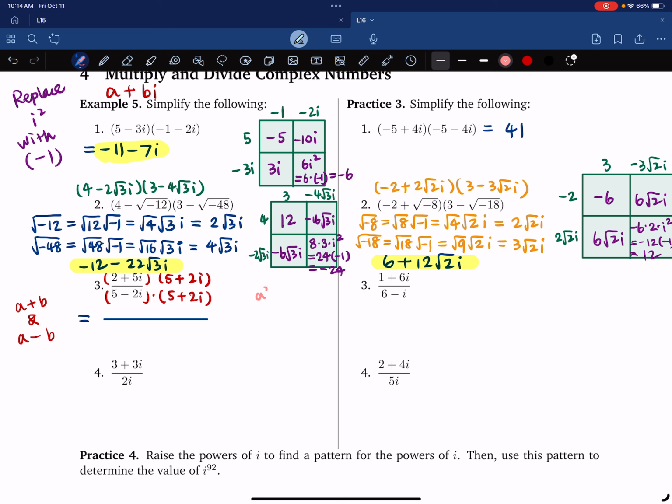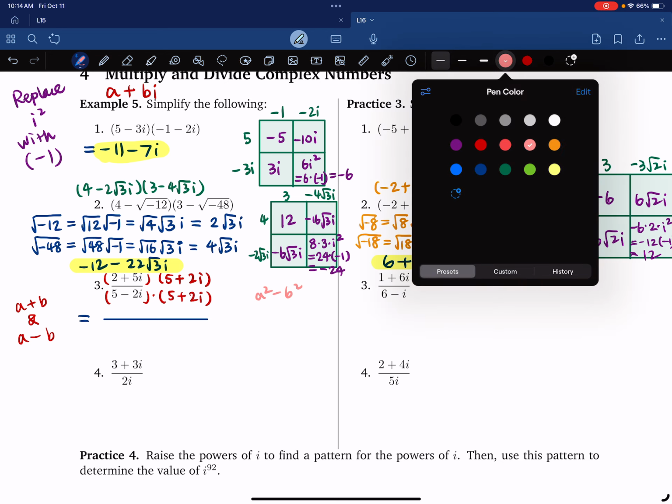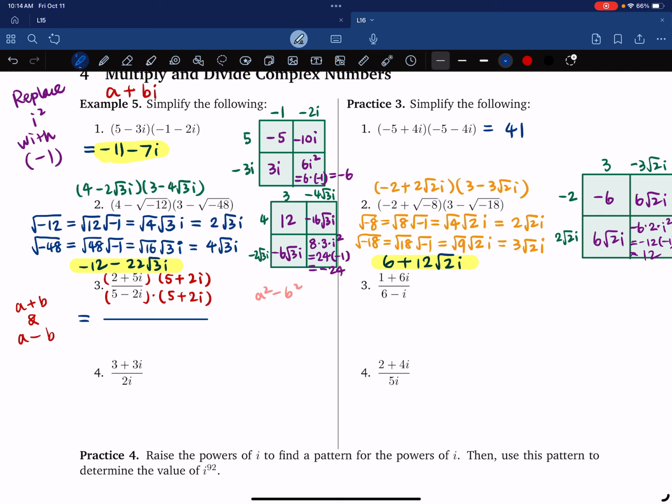So it's simply a squared minus b squared. And I'm going to square the two numbers that I see. So the first is 5 squared, that's 25. And then minus the second number squared. So that will be 2i squared, right? 2i squared. And you could just keep it like this for now, because later on we're going to do replacements.